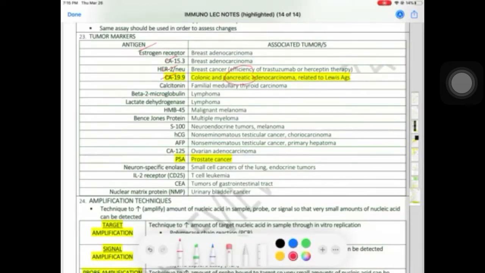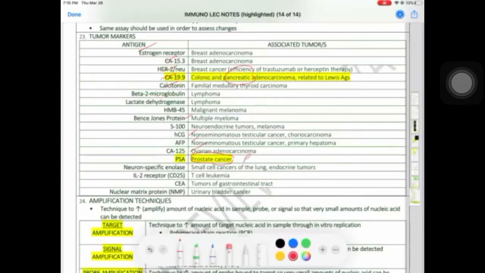Calcitonin is a marker for thyroid carcinoma. Bence Jones protein, a marker for multiple myeloma. HCG is a marker for choriocarcinoma. Alpha-fetoprotein is a marker for hepatocellular carcinoma. Now, for diagnosis of testicular cancer, germ cell tumor, we have HCG and alpha-fetoprotein. CA125 is a marker for ovarian cancer, and PSA, a marker for prostatic cancer.